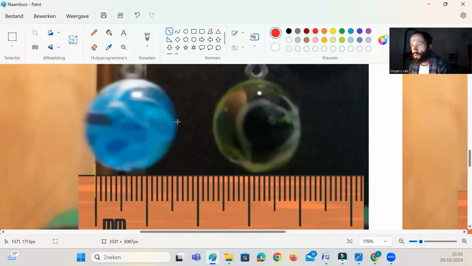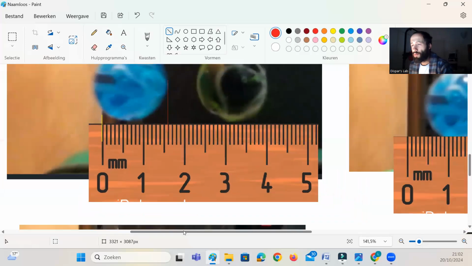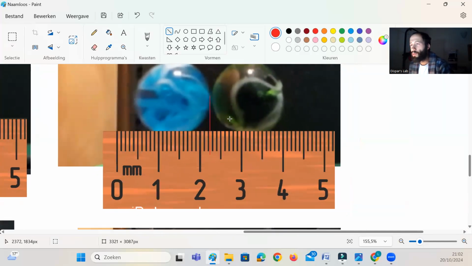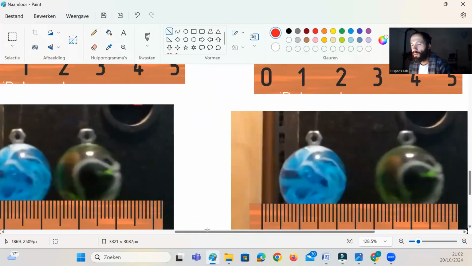So the edge of ball 1 over here seems to be at 1.6. Then 5 frames later, let's see, it seems to be at 2.25, between 2.2 and 2.3.